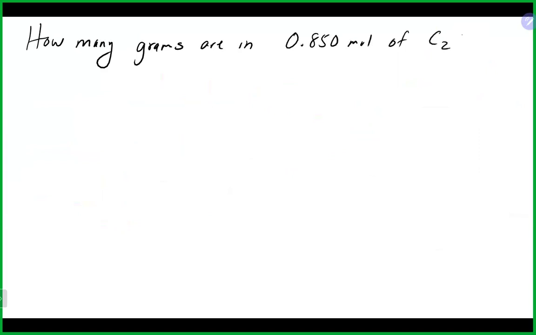All right. So a reminder that we can also do these types of calculations for things that, again, are compounds and there's multiple stuff going on. So why don't you try some here with, say, how many grams are in 0.850 moles of C2H6 in this case.